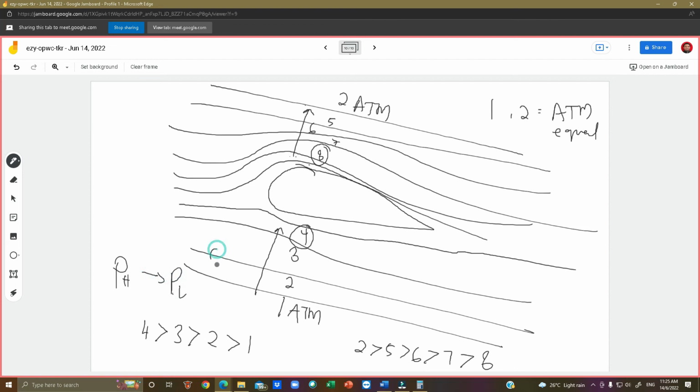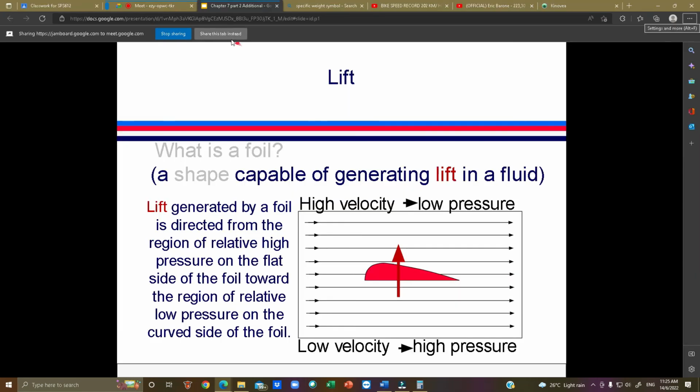Jadi kalau kita ada satu objek dekat sini, it will move in this direction following pressure. Okay, following pressure from the highest pressure to the lowest pressure, and that cause what we known as lifting, daya angkatan. Ni yang kita dapat dekat aerofoil lah.